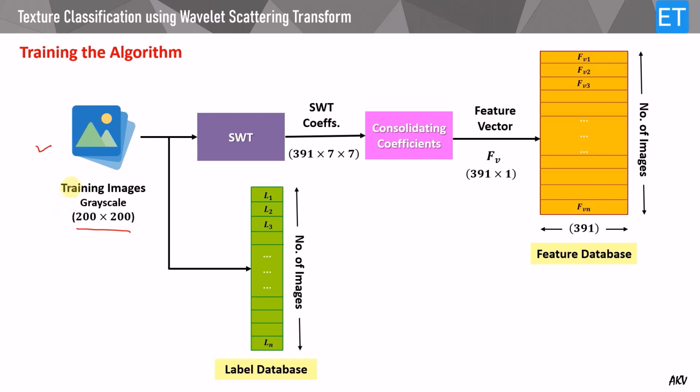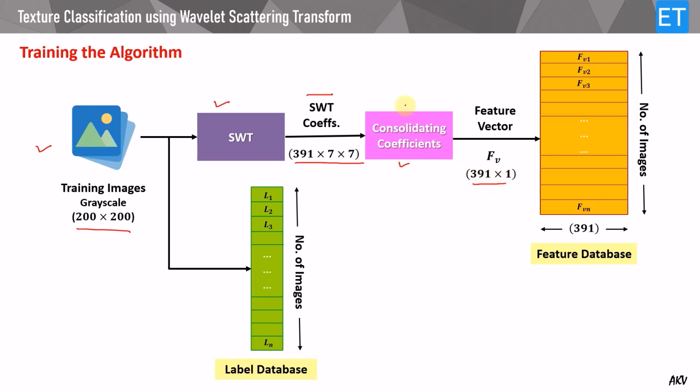So the first thing is that you have to resize all images to a common size of 200 by 200. Then we take the scattering transform, so we get the scattering coefficients. With the specified parameters, which I have explained in the previous slide, I get the 7 matrices of size 391 by 7. Then I consolidate these matrices to get a single array of size 391 by 1.